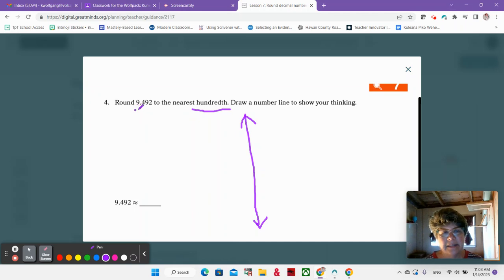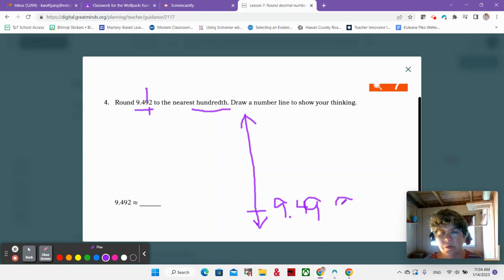We're going to place our first number only to the hundredths place, right? So we're only going to say 9 and 49 hundredths. We're going to leave the 2 off because we're rounding, right? So we're going to look only at the hundredths place here because we're rounding to the nearest hundredth.